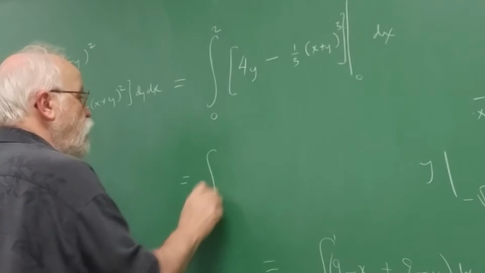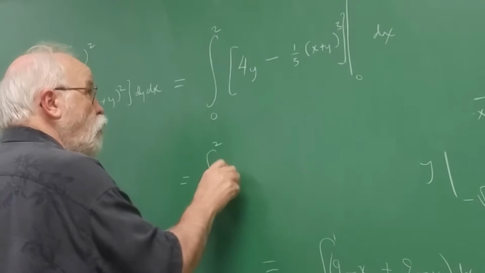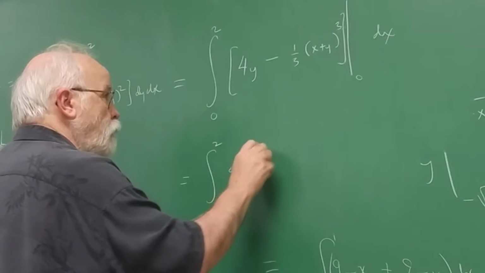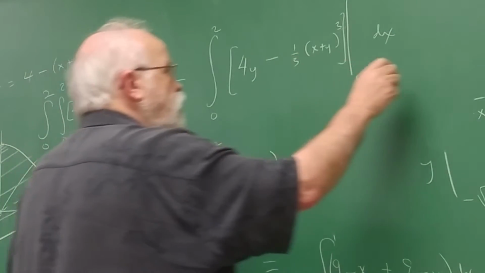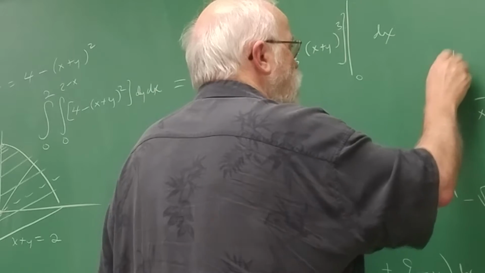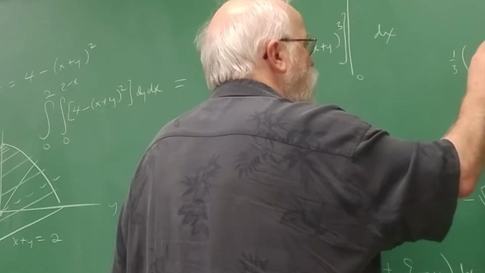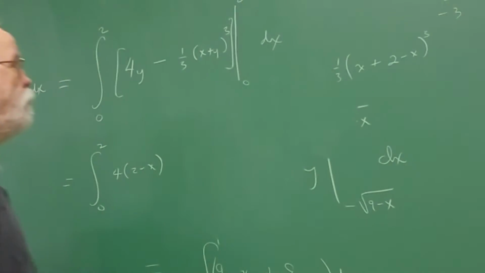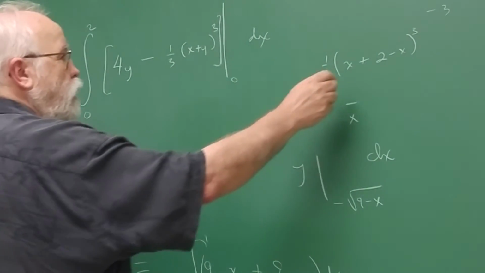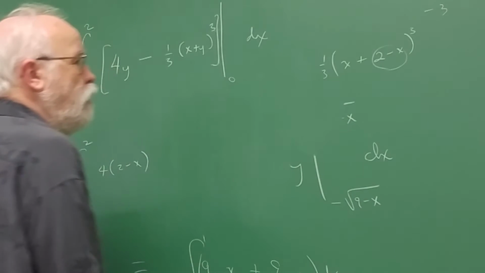So I'm going to have the integral 0 to 2 of 4 times (2 minus x). And what happens on this end, I've got 1/3 of (x plus 2 minus x) cubed, right? When I plug this in, that's the y right there.